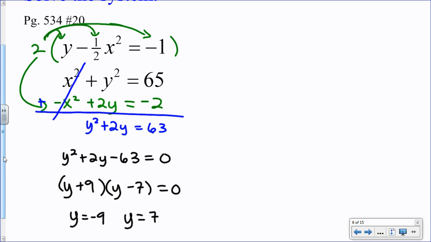So let's plug in, and I think the circle equation looks easier than the quadratic because there's no fractions or negatives even that I'm dealing with. So I'm going to use the circle equation. And I'm going to plug negative 9 in first for y.